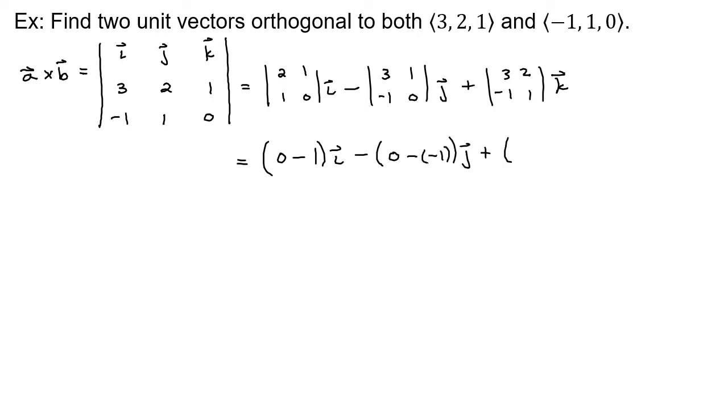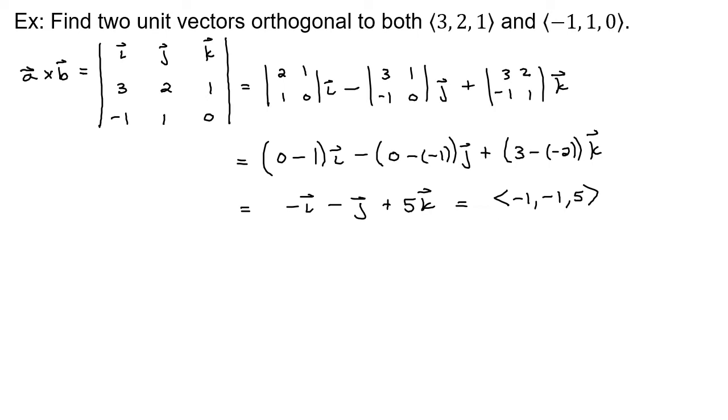And on the K, 3 times 1 is 3, minus 2 times negative 1 is negative 2 on the K. So this gives me a negative I. The negative makes it positive, but the negative on the outside makes it negative again, so I'll have a negative J. And then I'll have a 5K. Or you could write it as negative 1, 5. Whichever one you want to do.